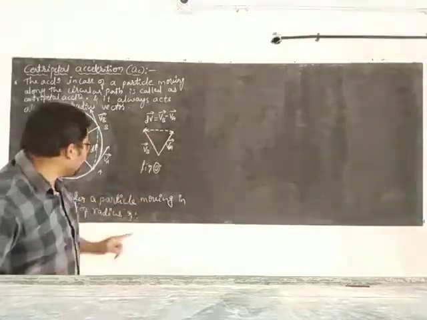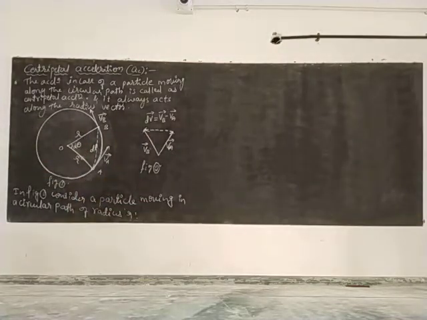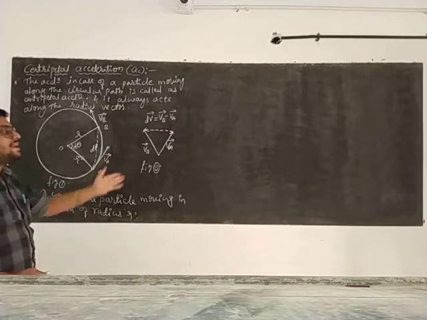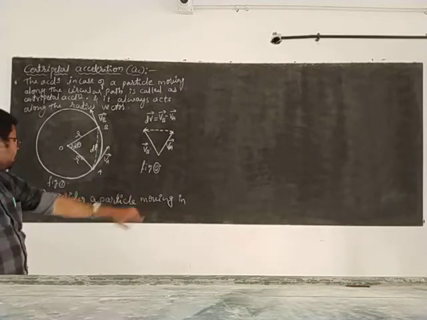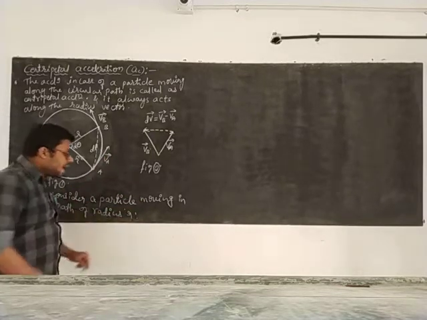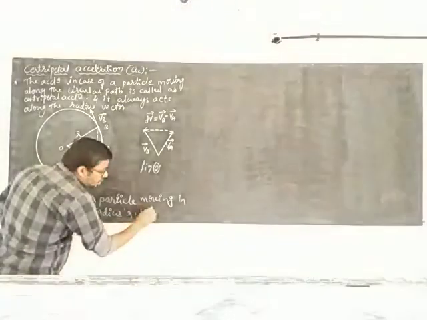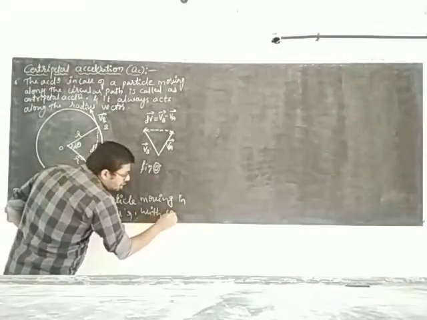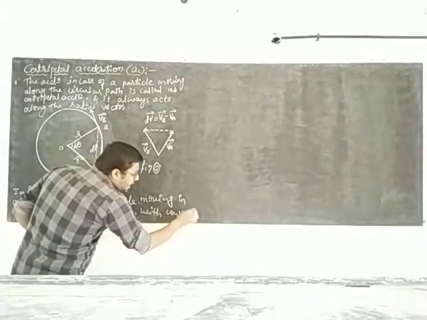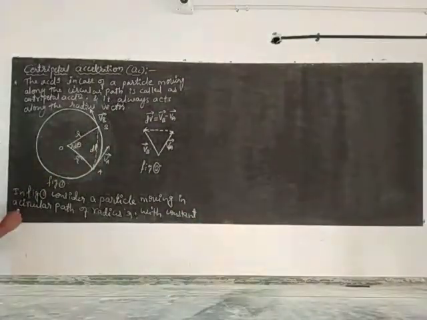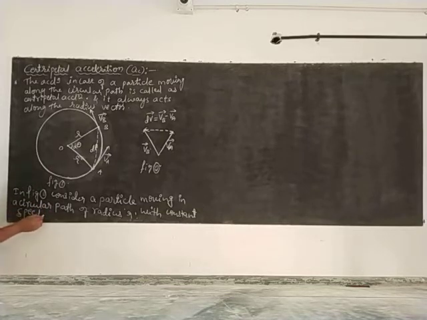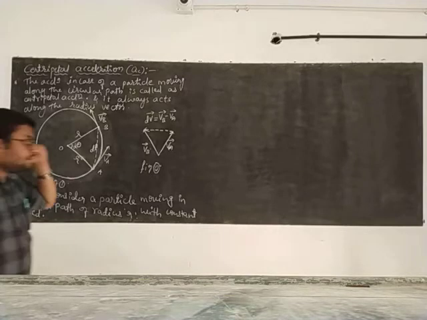That's why I say constant speed. Consider a particle moving in a circular path of radius r with constant speed. It is the first point.